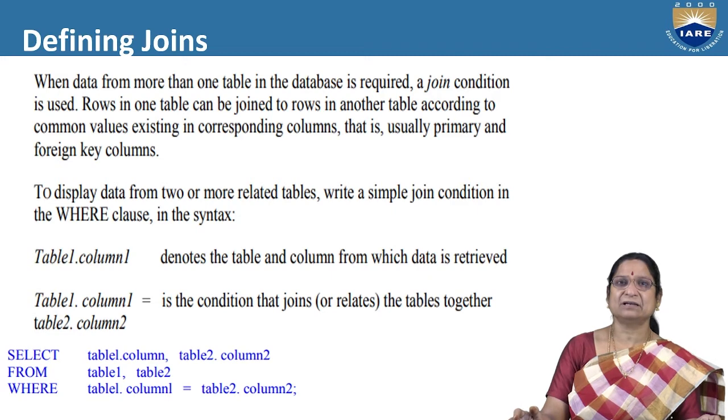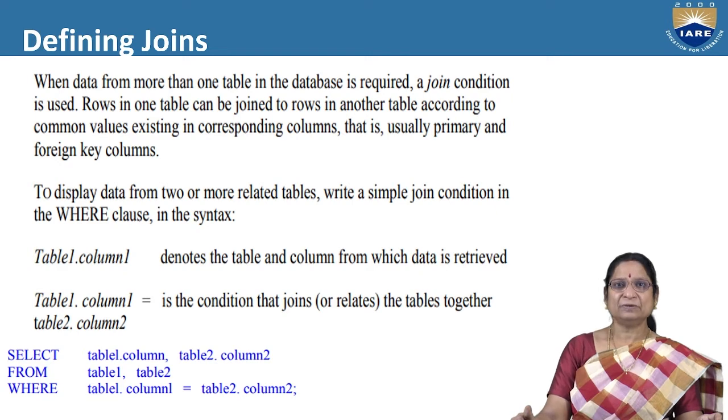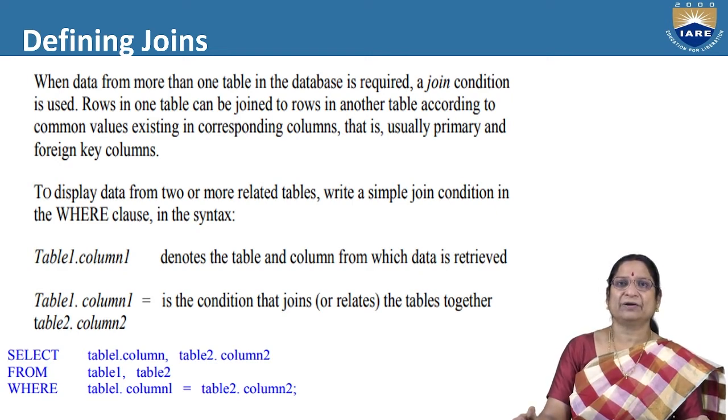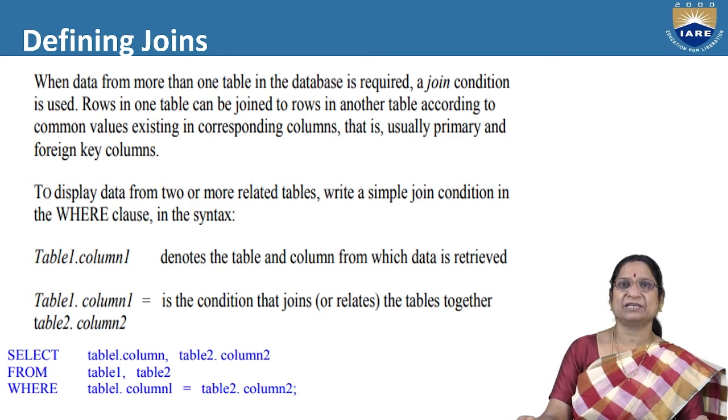The order of the clauses in retrieving data from our database in a select operation is select, from, where, then group by, having, order by. So from follows the input data, meaning the tables from where the data has to be taken.